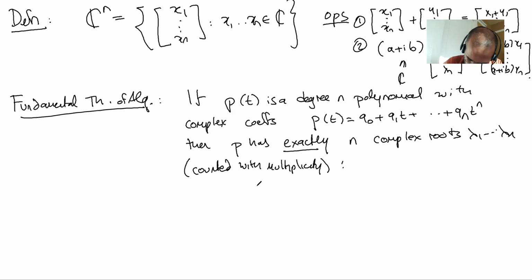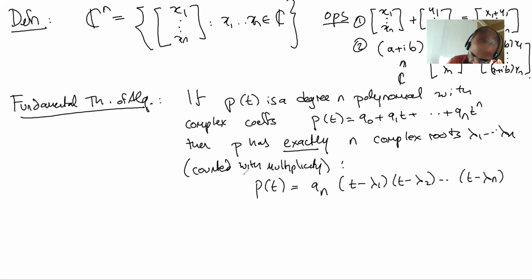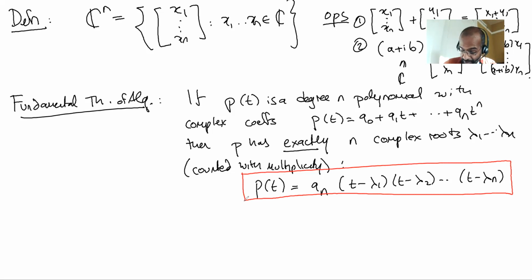So what that means is that you can always factor completely. So this problem of not having enough eigenvalues just goes away. And so the consequence of this is that an n by n matrix always has n complex eigenvalues.